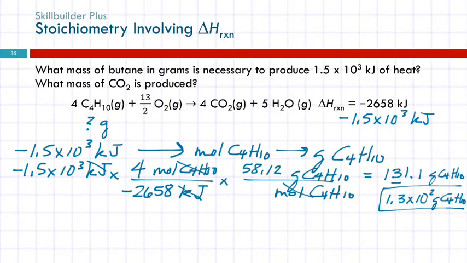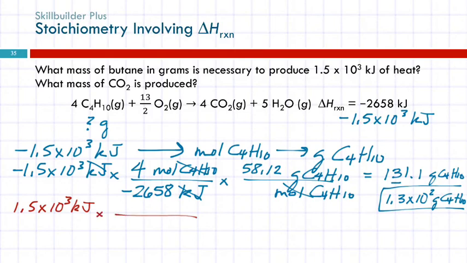This time, as illustration, I'm going to leave all the negative signs out and think about them at the end. Because remember, the negative signs here just reflect the direction of energy moving. So 1.5 times 10 to the third kilojoules of energy is involved.